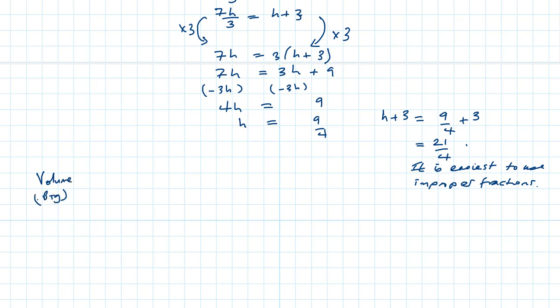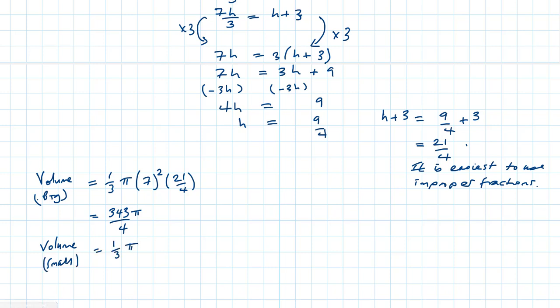So now we're going to work out the volumes. So the volume of the big cone, and again, using the information exactly as we had before. I'm going to be using 21/4 in this scenario, stick it into my calculator and then get my answer in terms of pi. I'm going to work out the volume of the small cone.